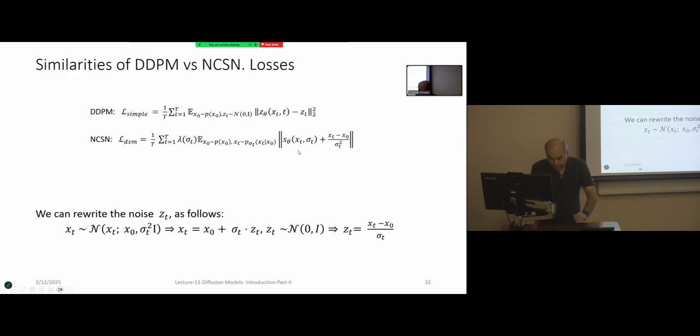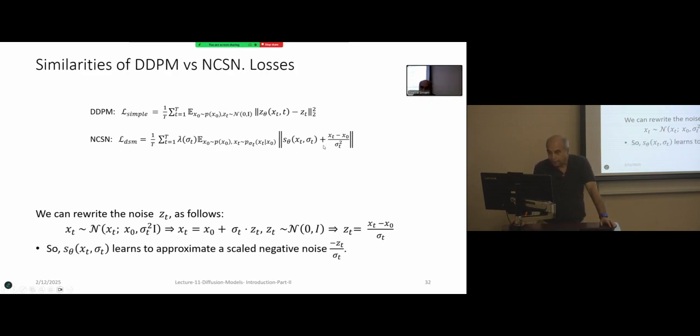Now, if you look at the score matching, it is (xt minus x0) over sigma t squared. Very, very similar. It's exactly the same, only different by sigma.